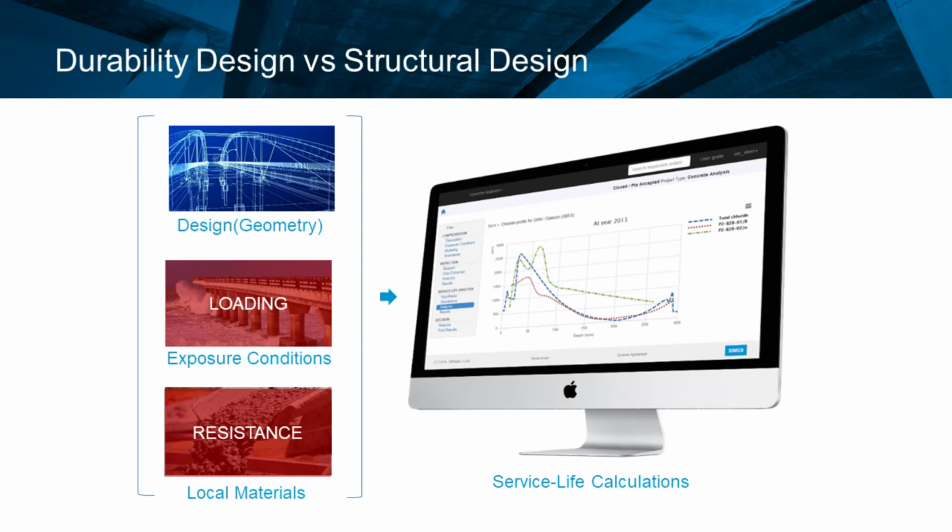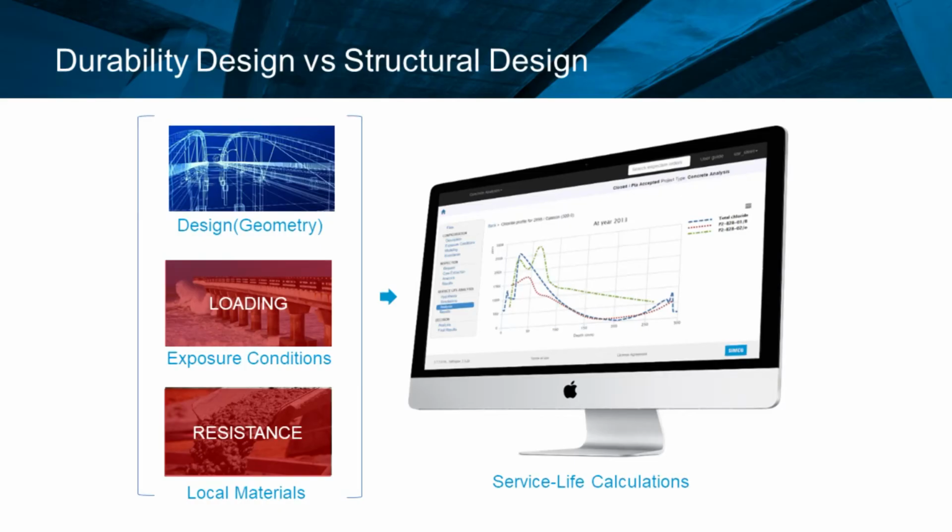So how it works in terms of durability design, it's a little bit like structural design. So most people are familiar with structural designs for which the given capacity is evaluated, if the resistance is higher than the load, so then we know we have the right capacity. We can calculate that.